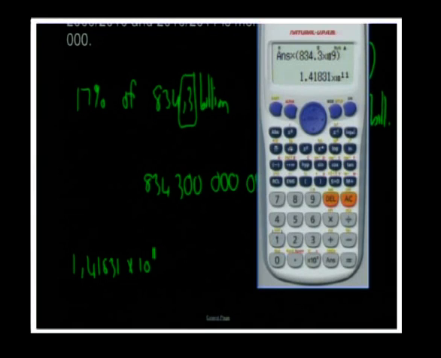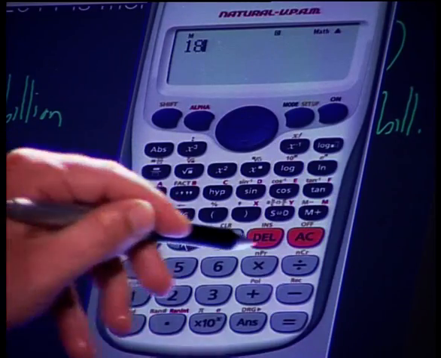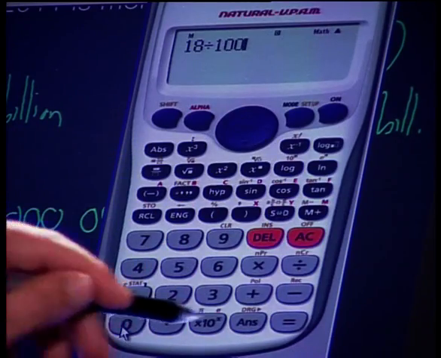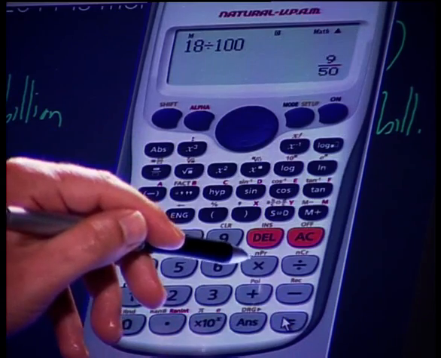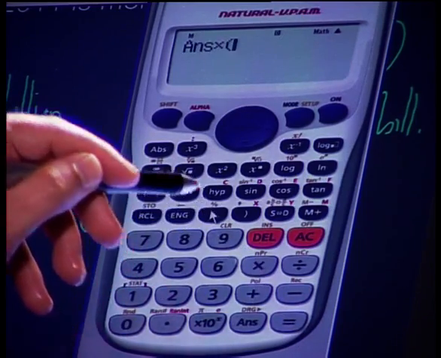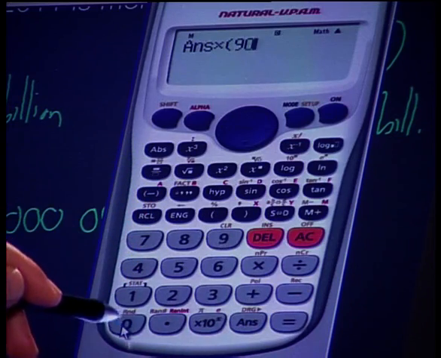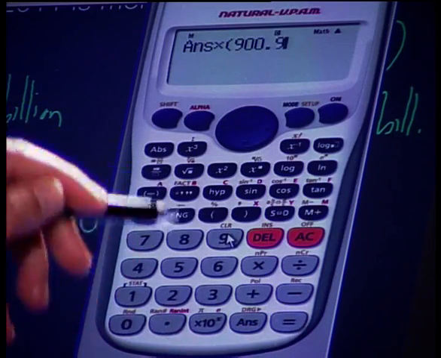To do the same sum for the other side now, we need the 18%. It's 18 divided by the 100 for percentage, and for that one we must multiply by 900,9 billion.